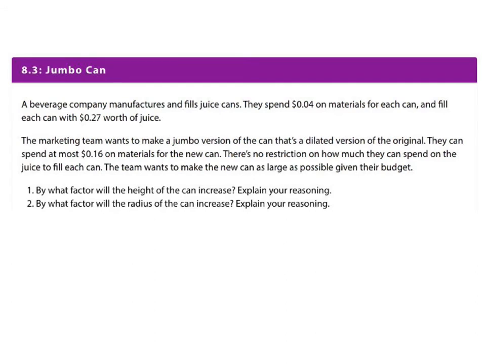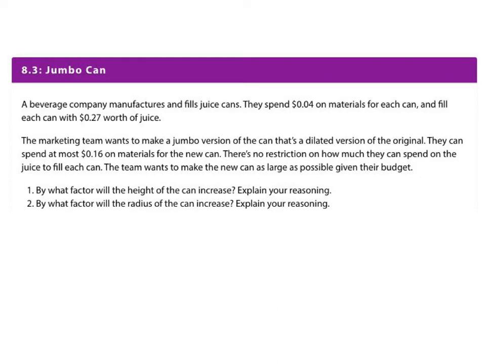Jumbo Can. A beverage company manufactures and fills juice cans. They spend 4 cents on materials for each can and fill each can with 27 cents worth of juice. The marketing team wants to make a jumbo version of the can that's dilated. That's a dilated version of the original.